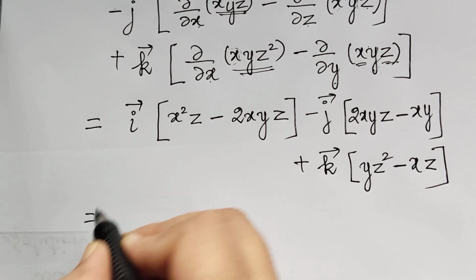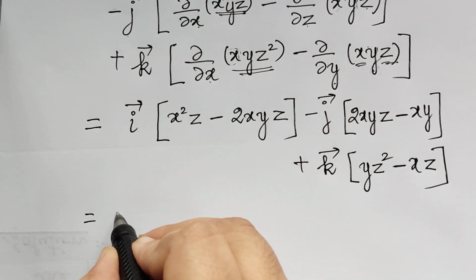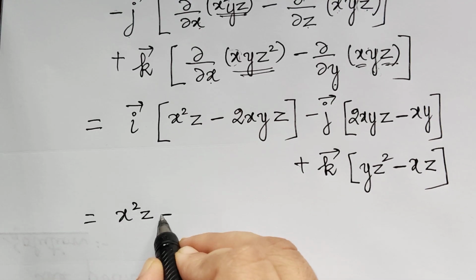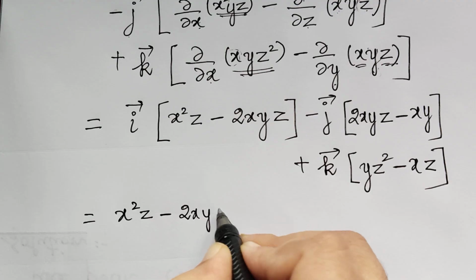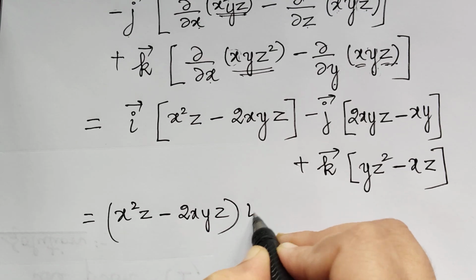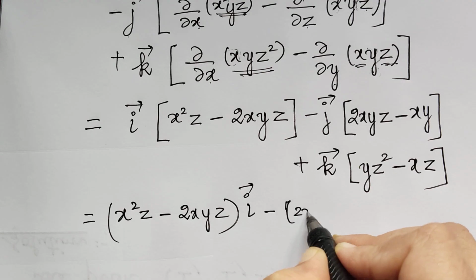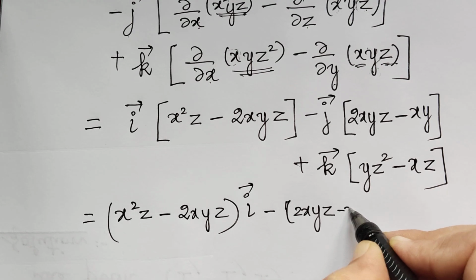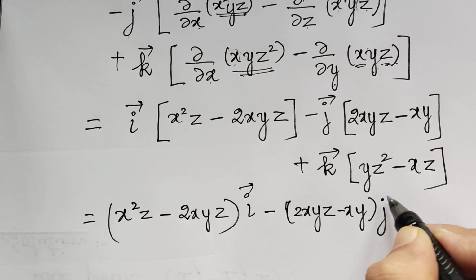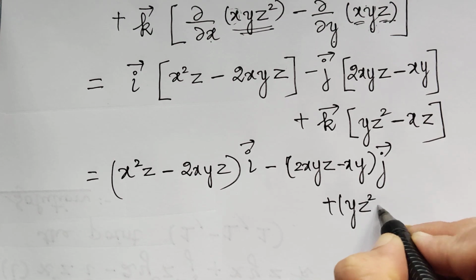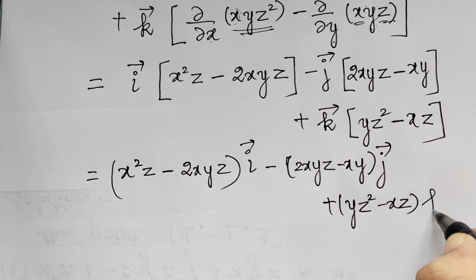So we will write it properly as a vector, that is (x²z minus 2xyz) i vector minus (2xyz minus xy) j vector plus (yz² minus xz) k vector.